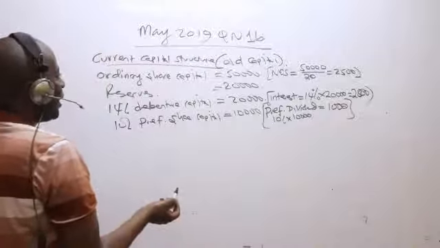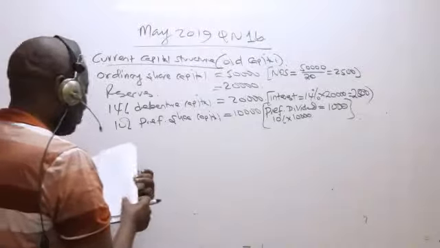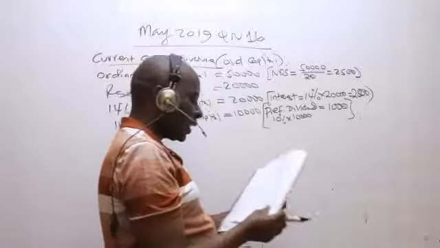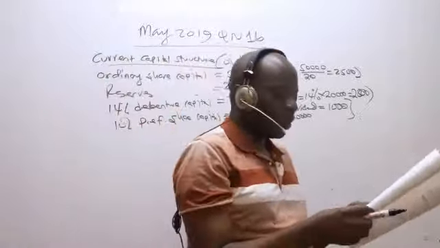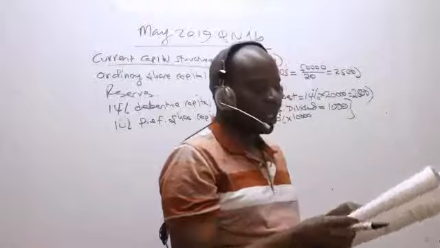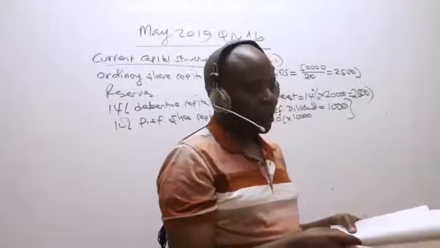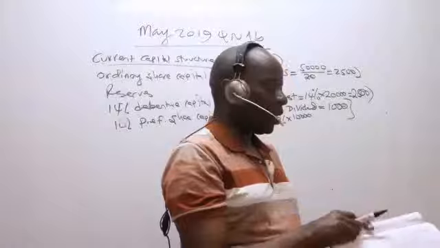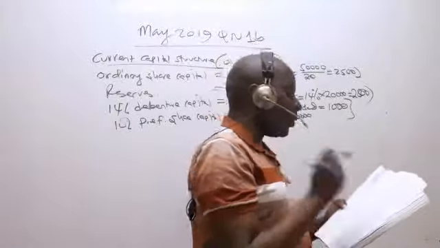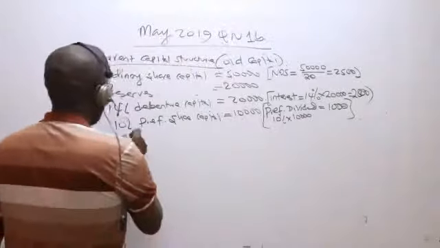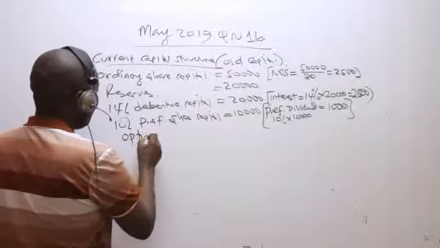Now from there, they want us to look for some more funds. If you look at this question very well, they want us to raise 10 million Kenya shillings. And how do we raise these 10 million Kenya shillings? We have option one.